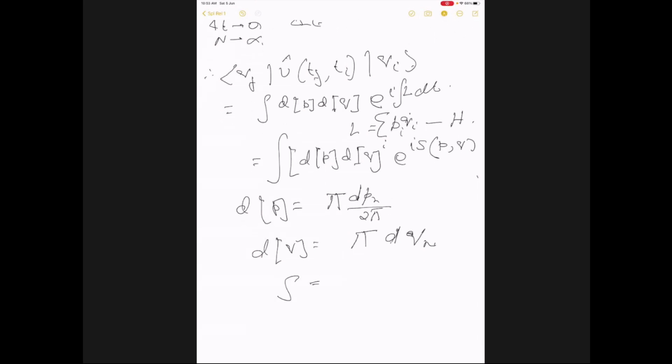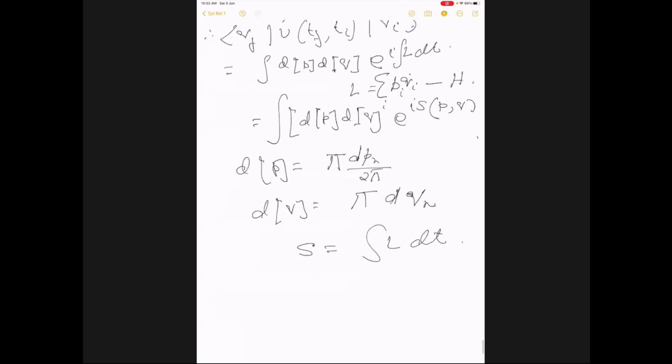And S is of course the action, a function of time from Ti to Tf.